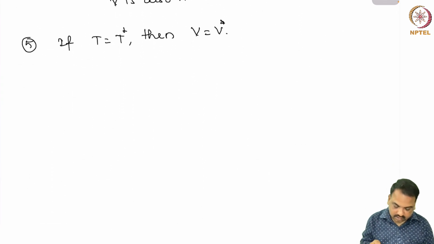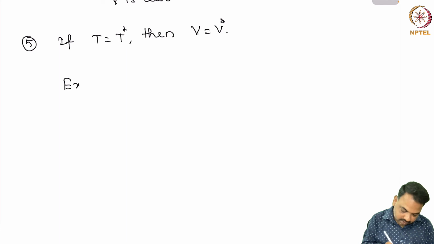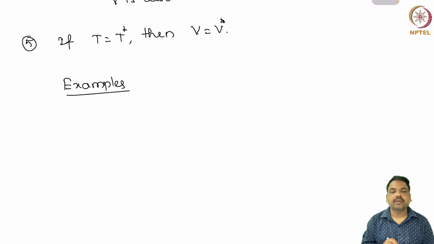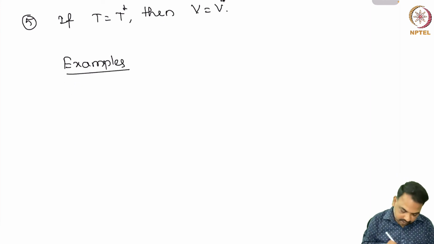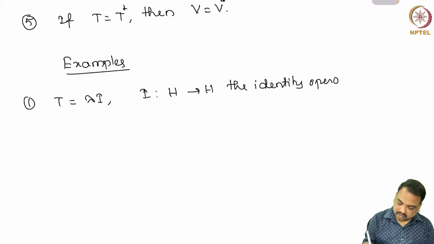Now let us look at some examples which illustrate the polar decomposition theorem. Let us start with simple example. Take T equal to lambda I, where I is a map from H to H, the identity operator. Lambda is a complex number.